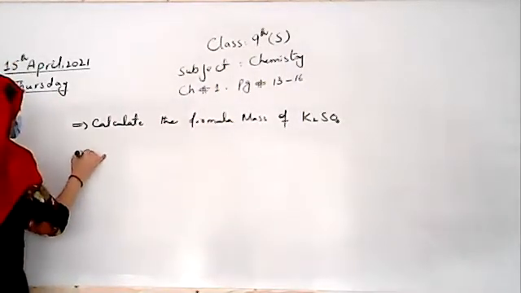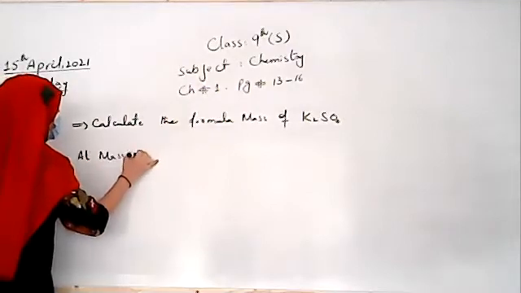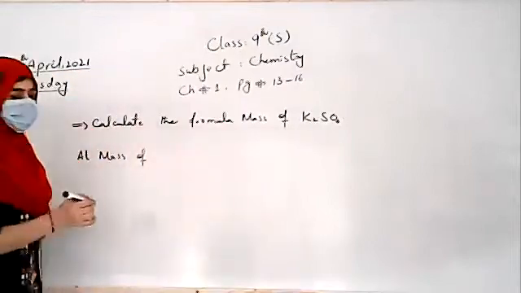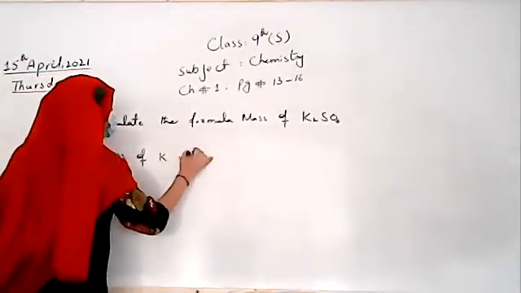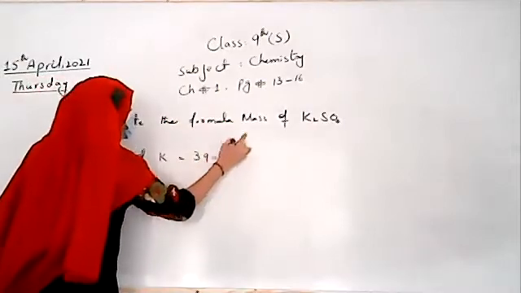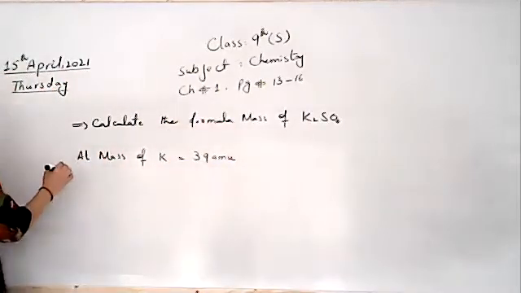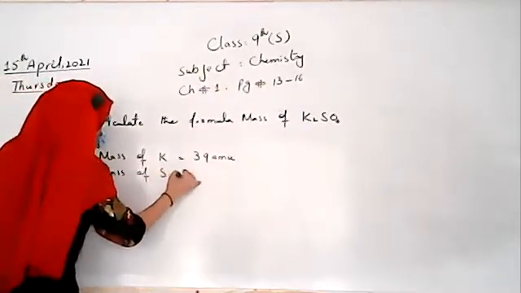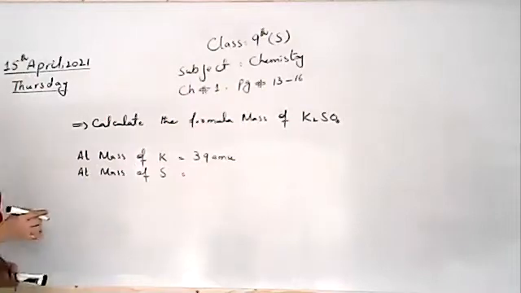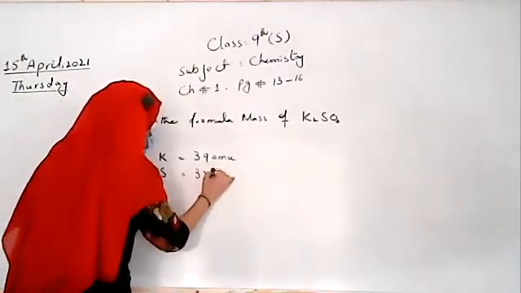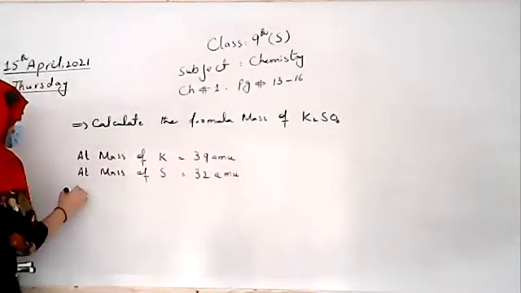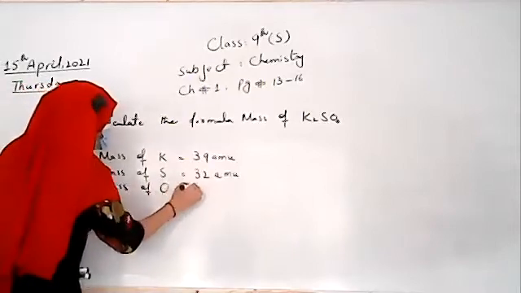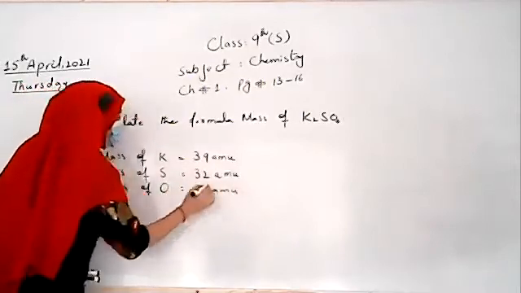Firstly, write the atomic mass of the first atom, potassium. So we can write here potassium is equal to 39 AMU. Next is sulfur. Atomic mass of sulfur is equal to 32 AMU, AMU is the unit. Now the third one is oxygen. Atomic mass of oxygen is equal to 16 AMU.